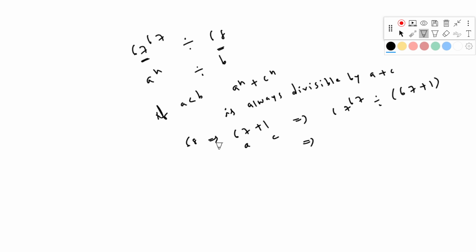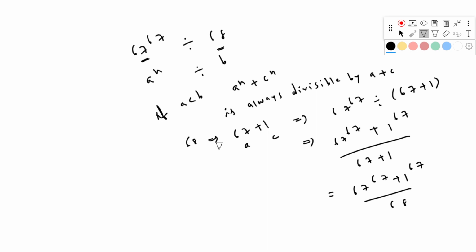Now this a power n plus c power n, that means 67 power 67 plus 1 power 67 is always divisible by a plus c, that is 67 plus 1. So I can write 67 power 67 plus 1 power 67 over 68. So this is a plus c by b, because 68 is nothing but b, this is nothing but your a, this is nothing but your c, right?